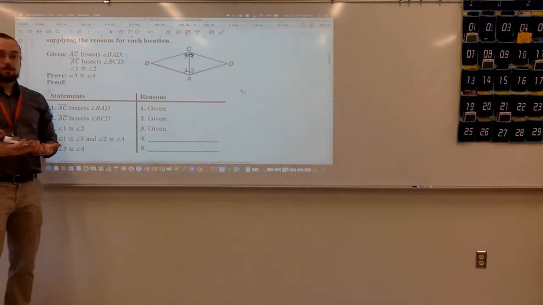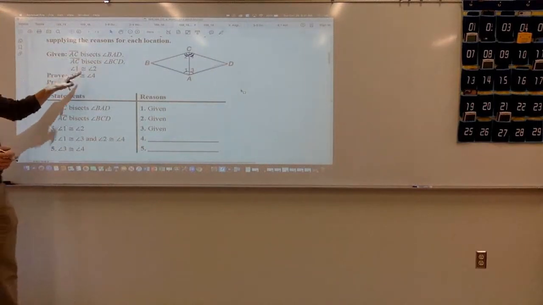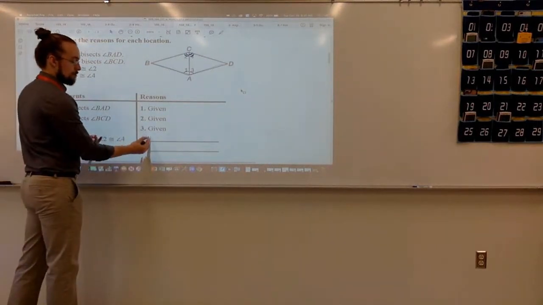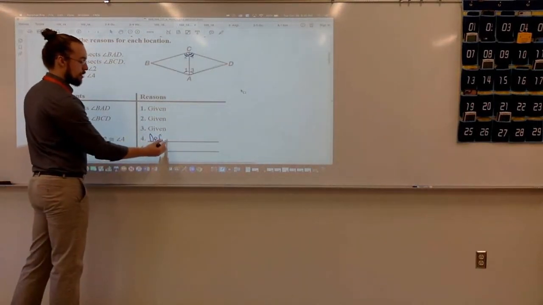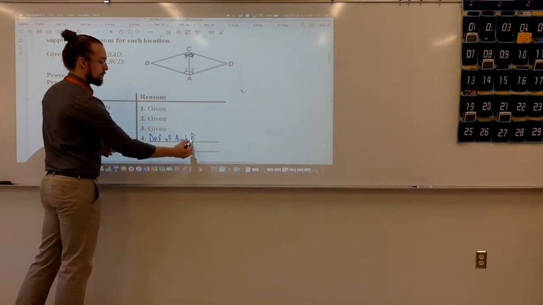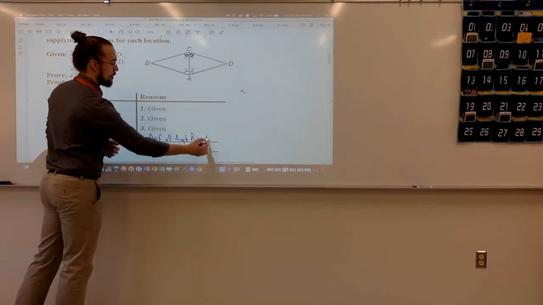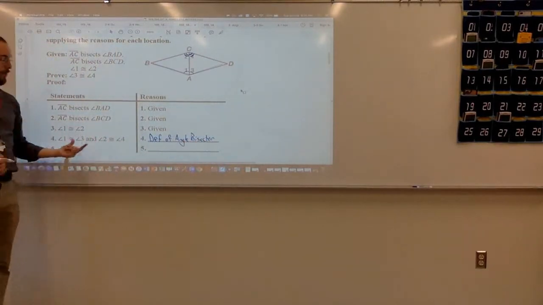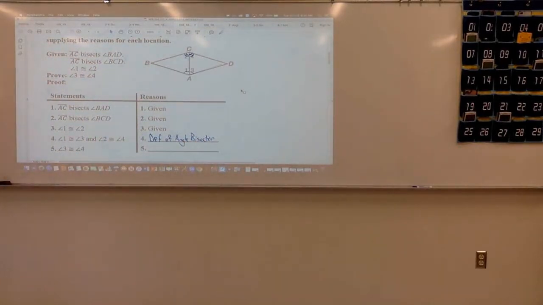That's just what it means to be a bisector. Okay? If we're given information about a bisector, usually at some point in the proof, we're going to use definition of an angle bisector. So the reason we're allowed to claim that these two pairs of angles are congruent is because that's just what it means to bisect something. Right? When we cut it exactly in half, the two halves are the same.